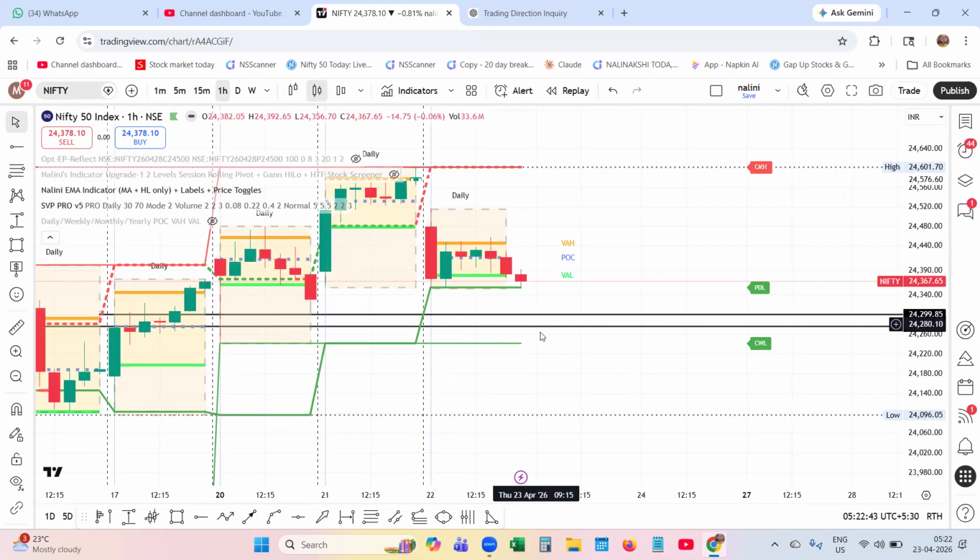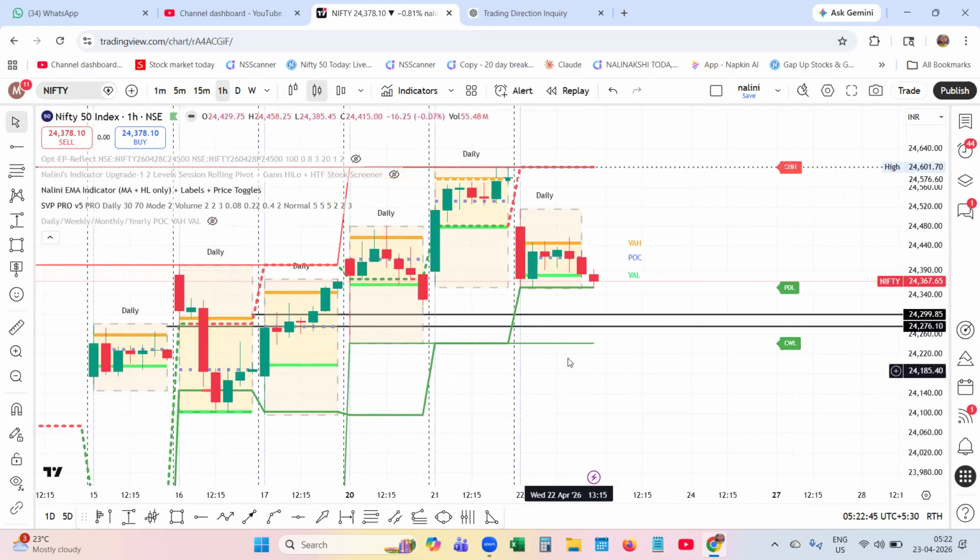So these are the levels in between. The first level is 24,241, 24,270, and 24,300. So watch these levels very keenly and take the trade.